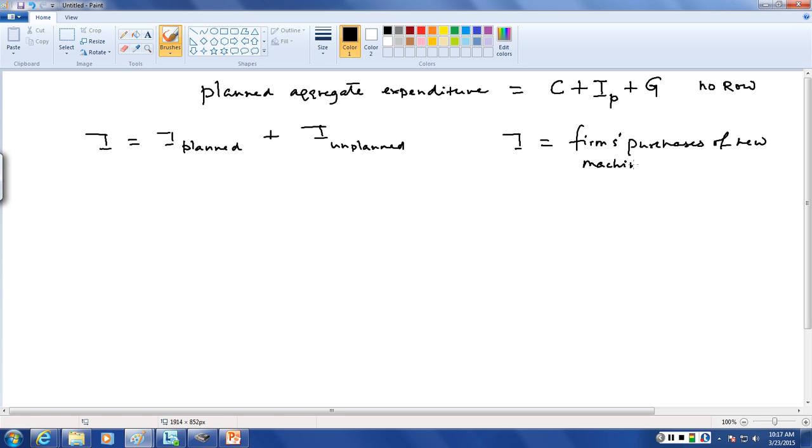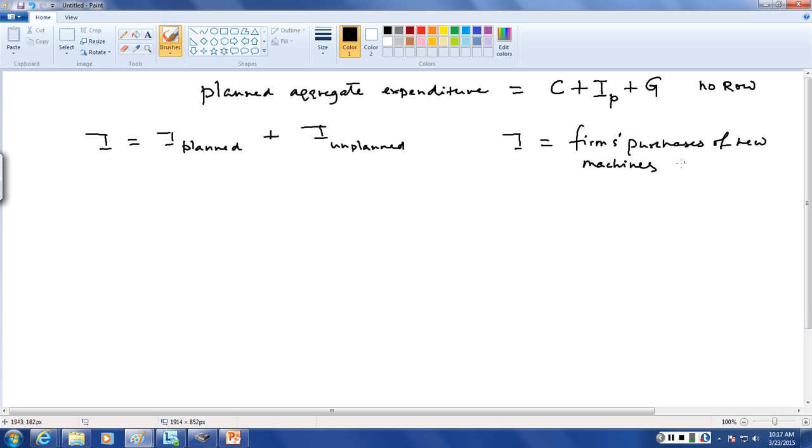Is that correct? Right? However, I may have mentioned this in the past in fleeting, but I'm now going to emphasize this particular point, and that is that changes in firms' stocks of inventories is also considered investment spending. Have I mentioned this in class before? Right. If I haven't, let me mention this.